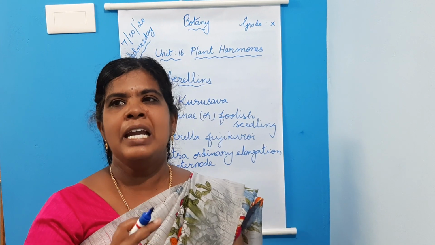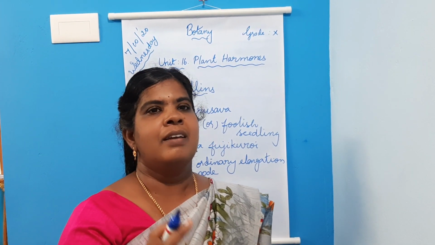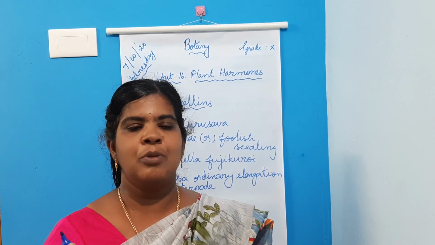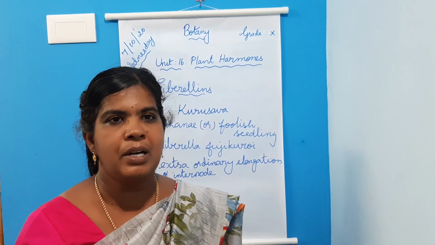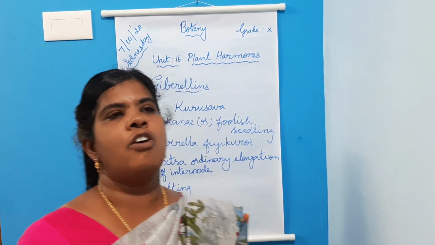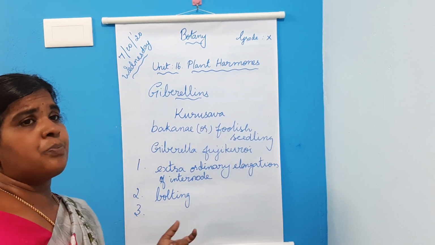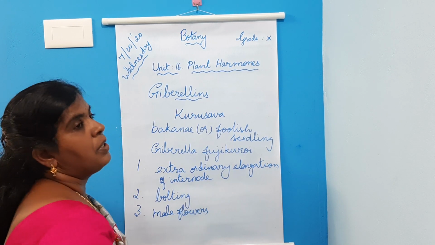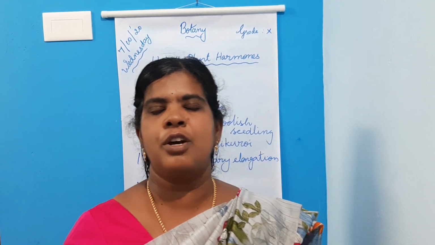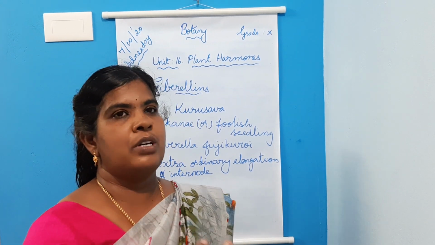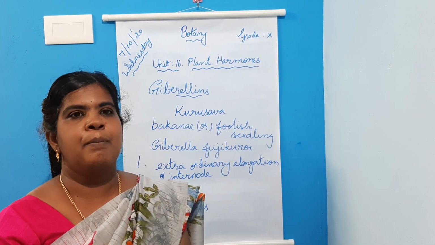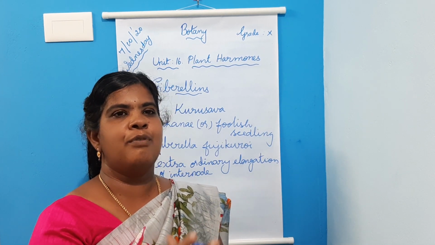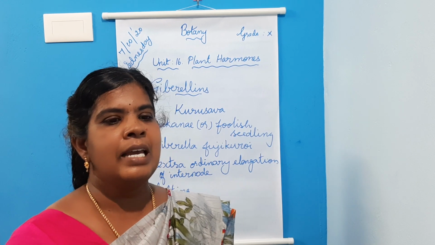Plants in which male and female flowers are present separately on the same plant. That is monoecious. Example, cucurbits.